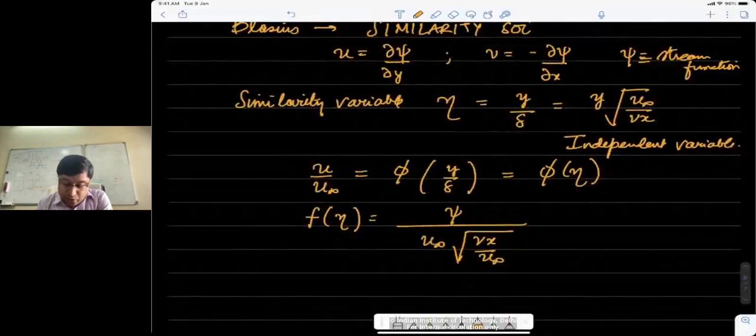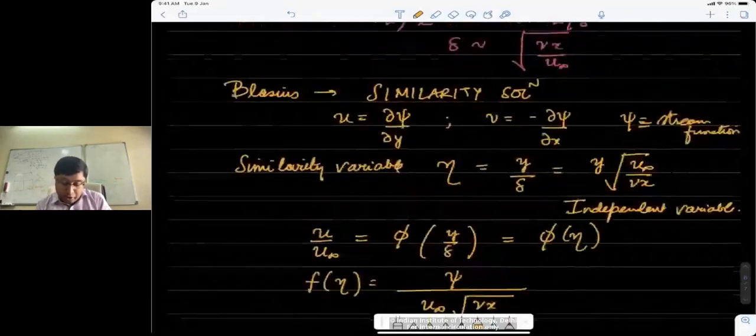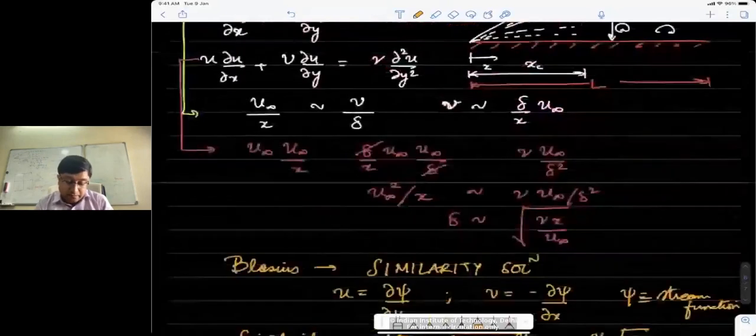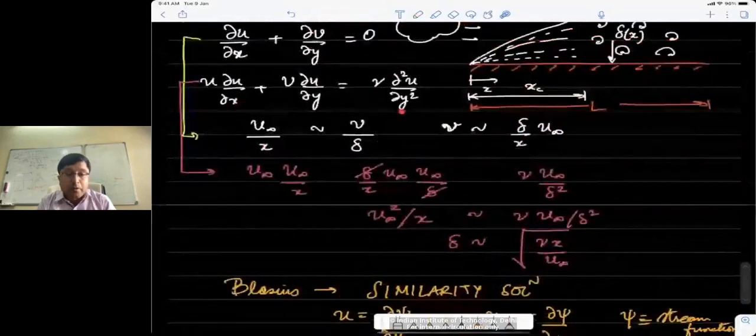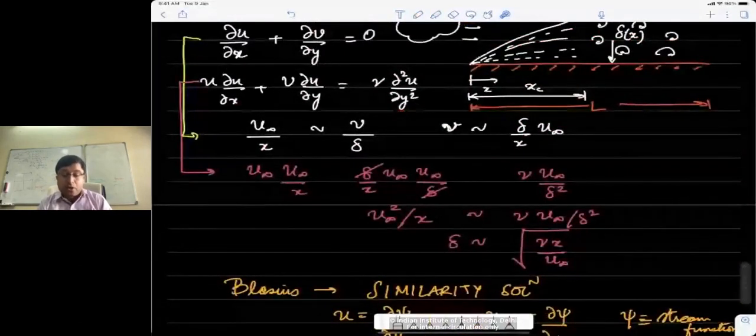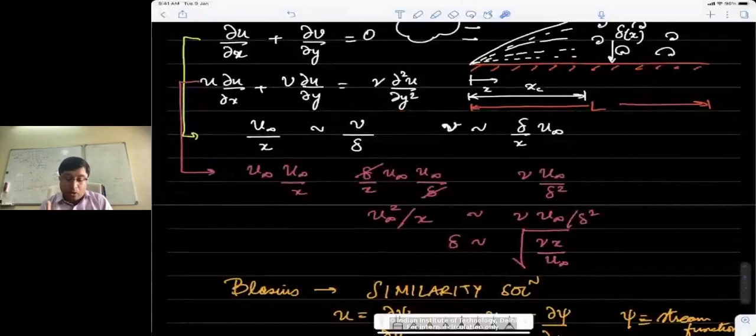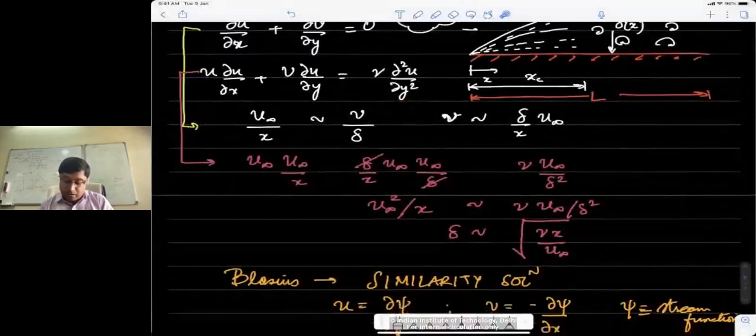you can show that the momentum equation, even though it is a partial differential equation, can be converted into a third order nonlinear ordinary differential equation.